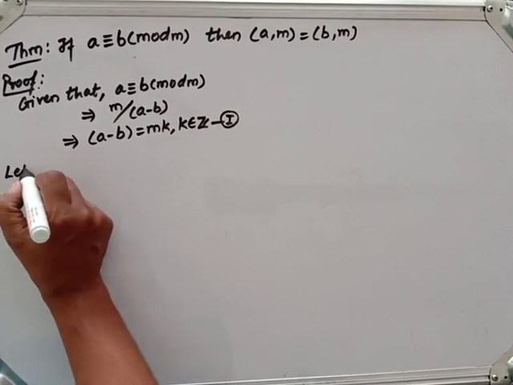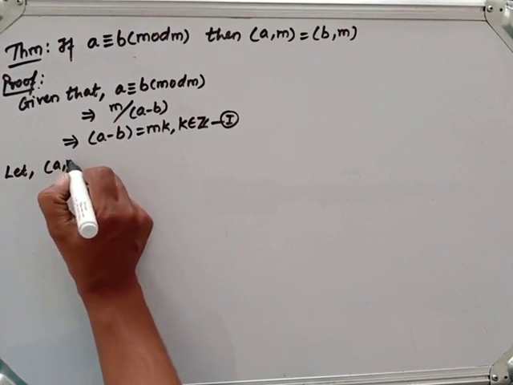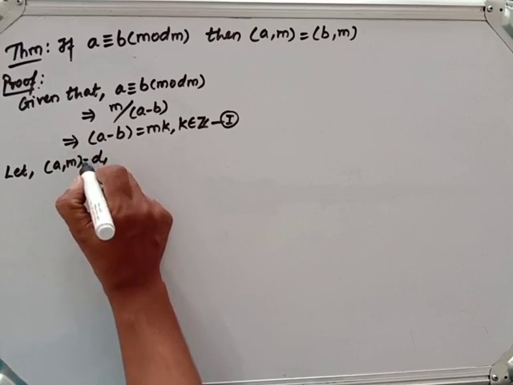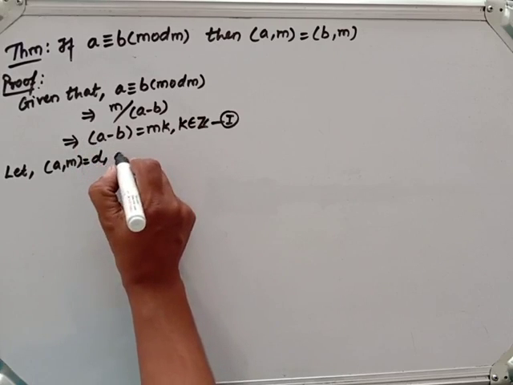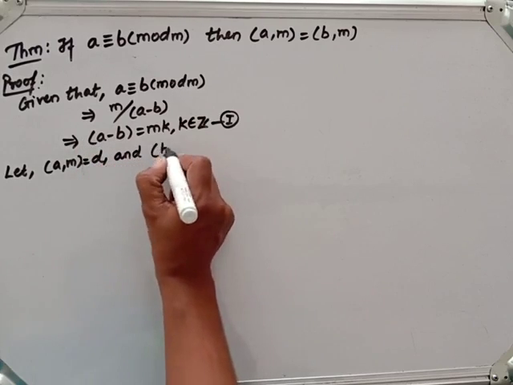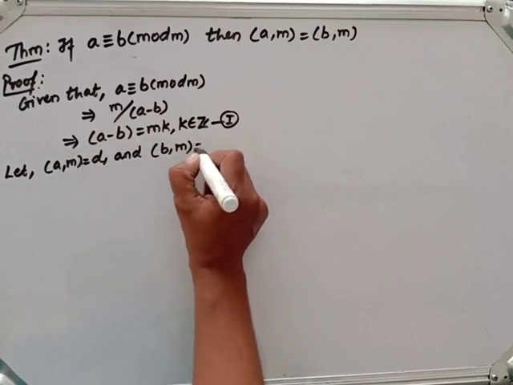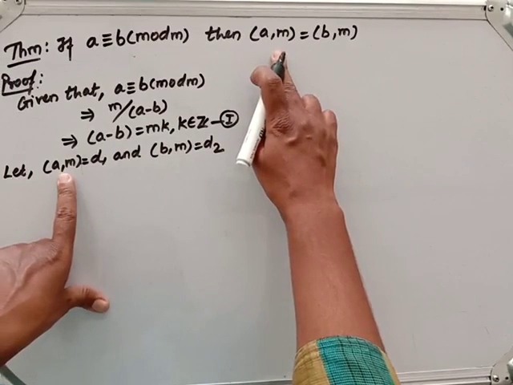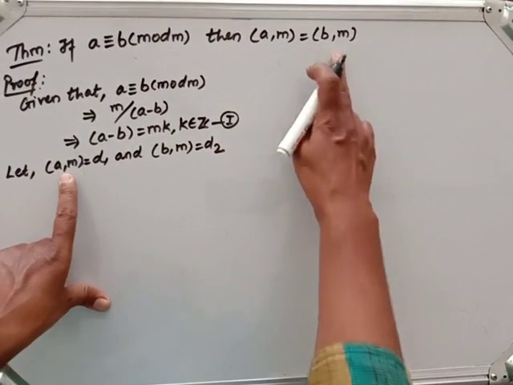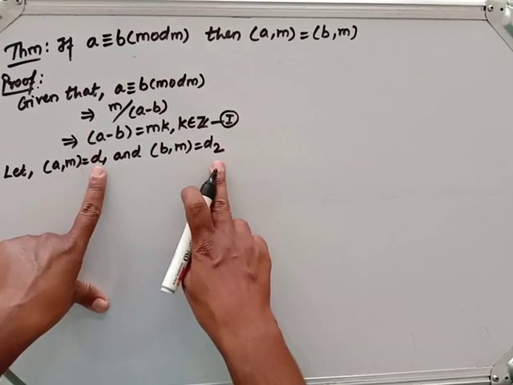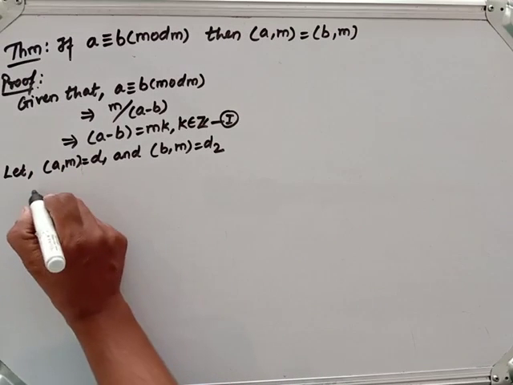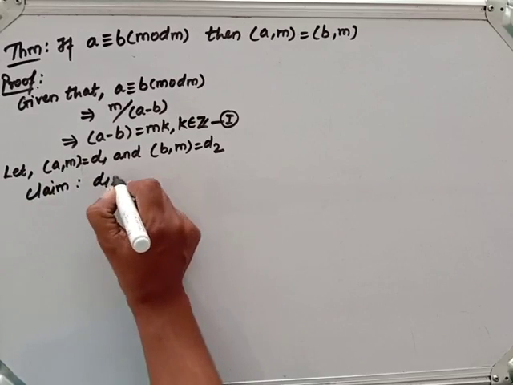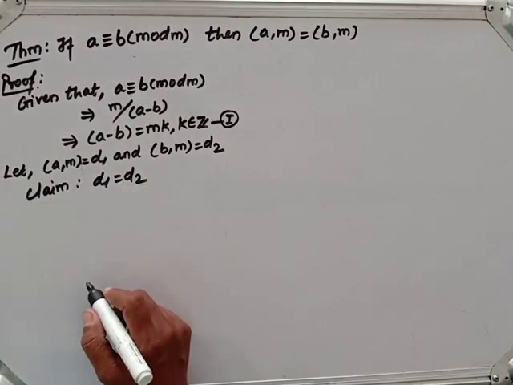Let the GCD of A and M be D1 and the GCD of B and M be D2. Then our claim to prove is D1 equals D2.